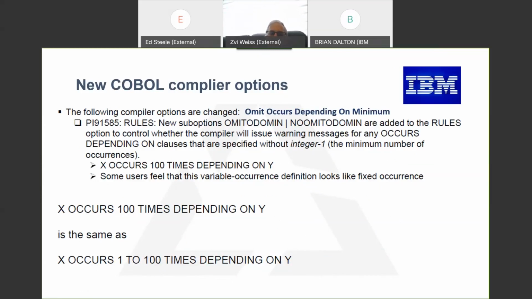So what this option does, it tells the compiler whether to issue a warning message for any occurs depending on clause that is specified without a minimum, or integer 1 in this syntax, the minimum number of occurrences. So X occurs 100 times depending on Y would be the same as X occurs 1 to 100 depending on Y. A little easier to read.